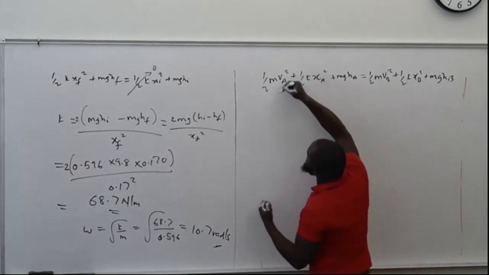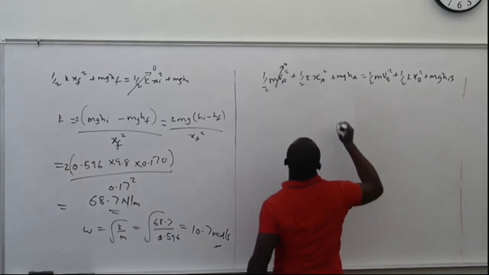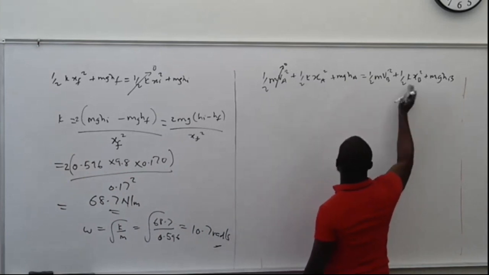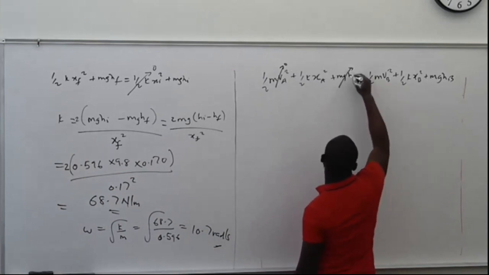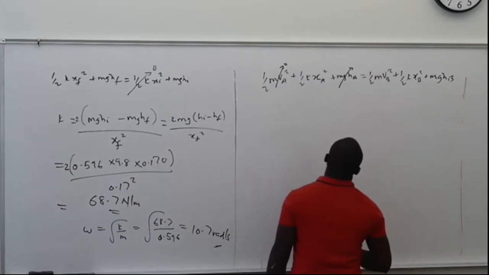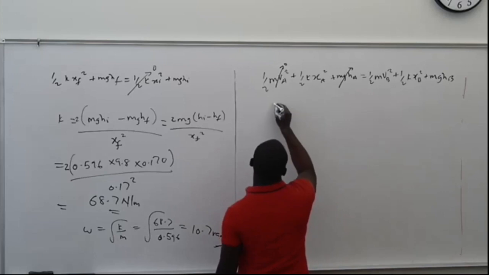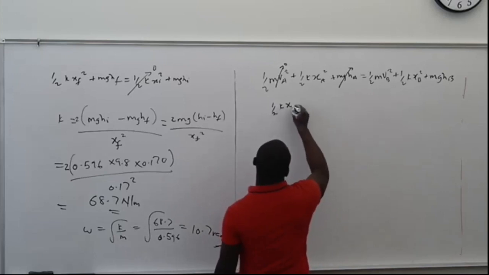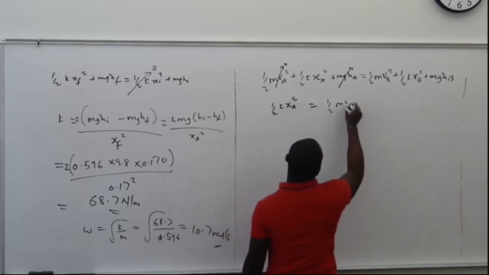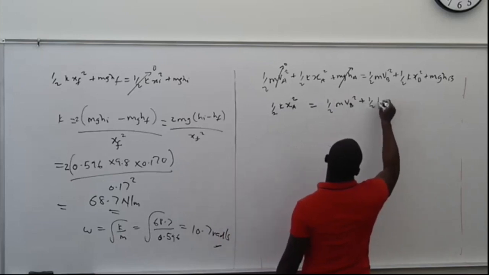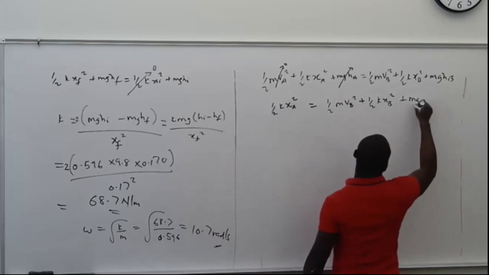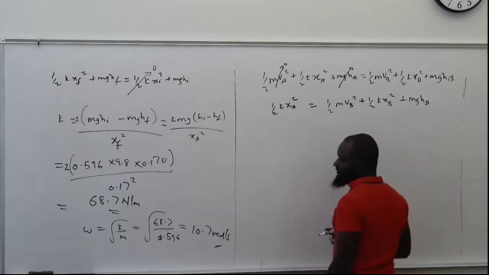So initially it started, the velocity is 0 at A. So we're going to take hB minus hA. So I'll just assume this is 0 just to keep hB as the difference. Okay. So this gives us half k xA squared equals half m vB squared plus half k xB squared plus mghB. Okay.